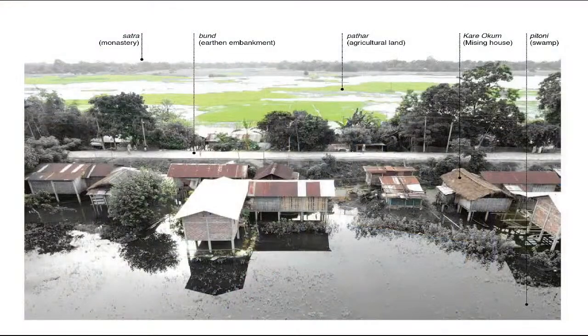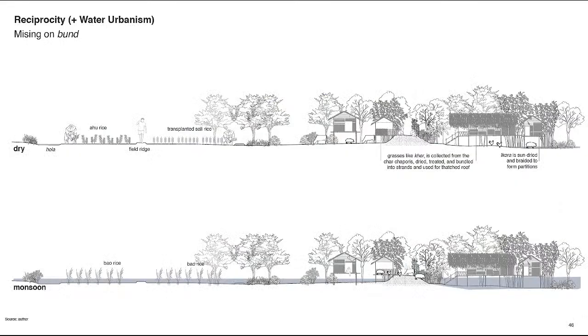Here you see a Missing village on a bund, before the monsoon season, and behind the bund you have this field which is owned by the Hotra. The Hotra became a little bit more open to Missing people because of the relationships they have developed over the years.